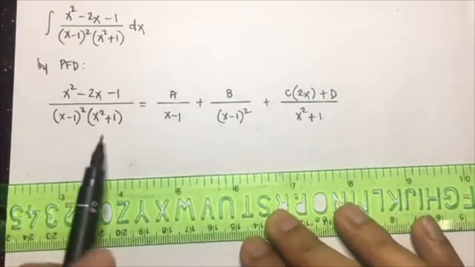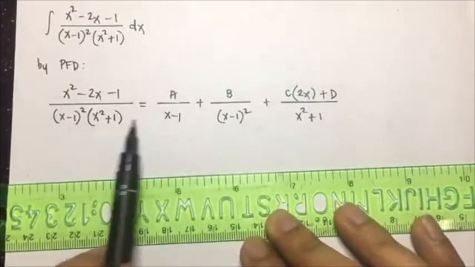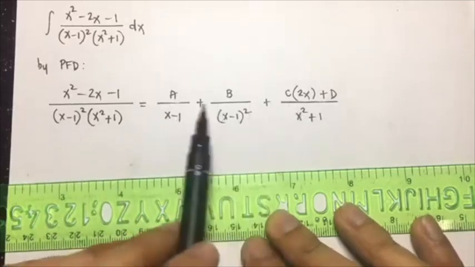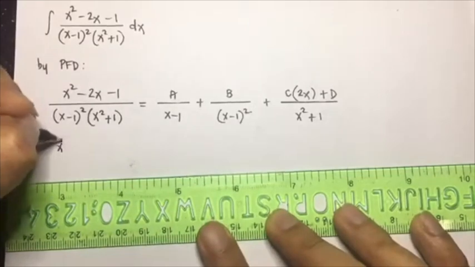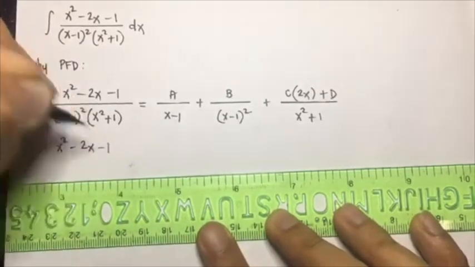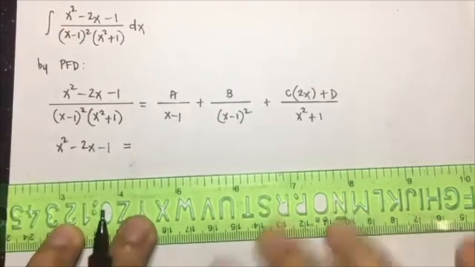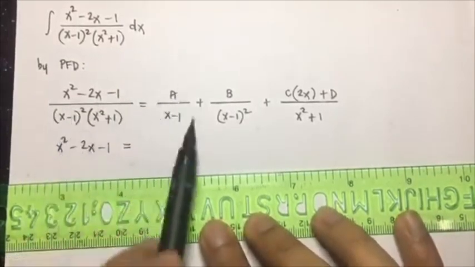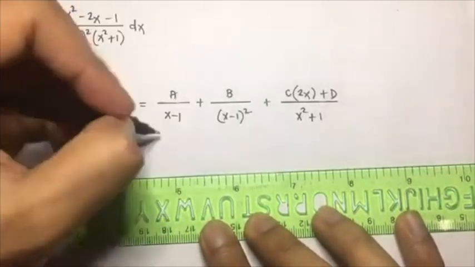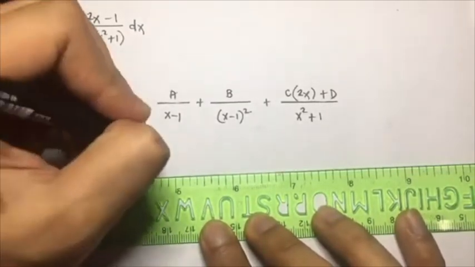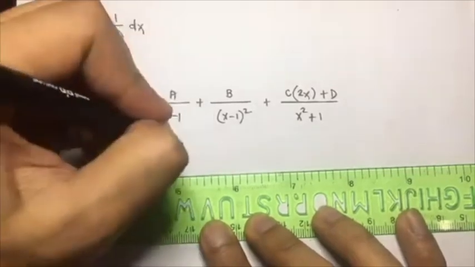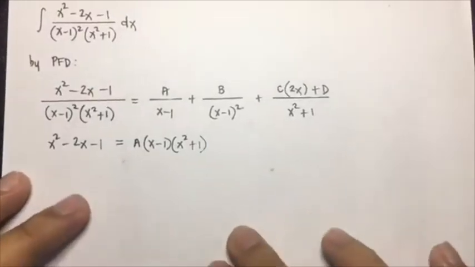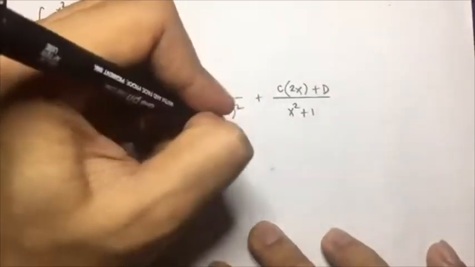Okay, so the next step is to cross multiply the denominator. For each of the terms, we will have x squared minus 2x minus 1 is equal to, so multiplying this with the first term, it will cancel out x minus 1, then we will have a times x minus 1 times x squared plus 1, plus b.